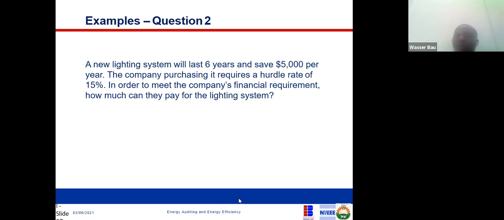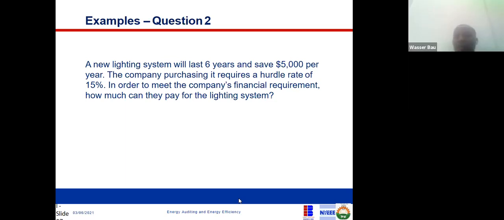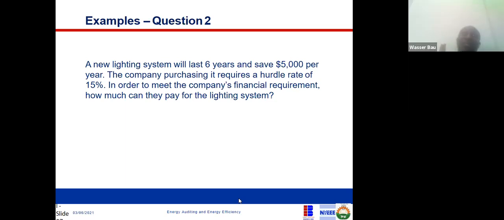Now, this is a very germane and a very common question. You go to one village in Akwa Ibom, sorry to Engineer Kaite, and you want to provide them with a solar system, and it will last for only 5-6 years. You've done your energy demand side management, and you find out that the community will be saving maybe $5 per house, and there are 1,000 houses.